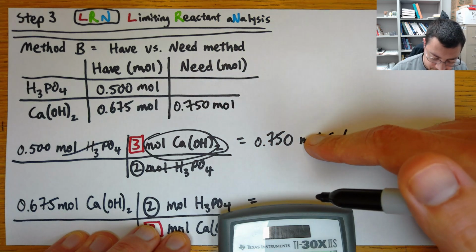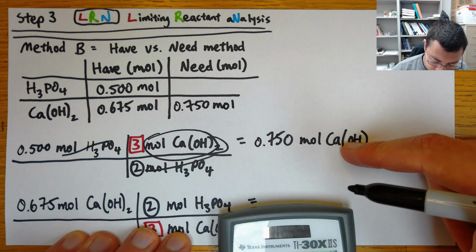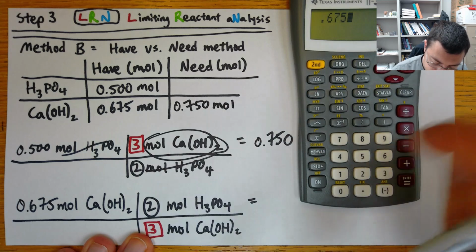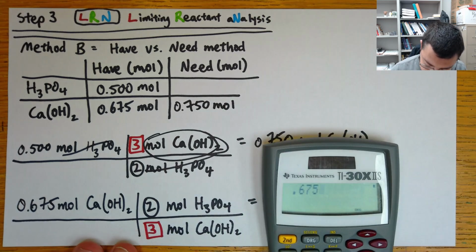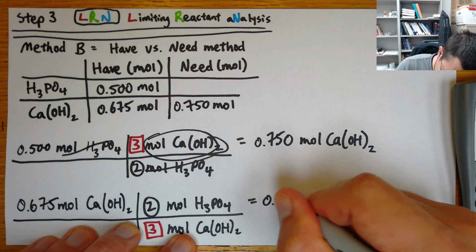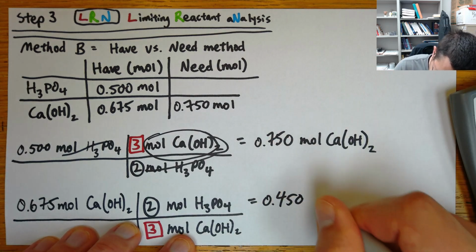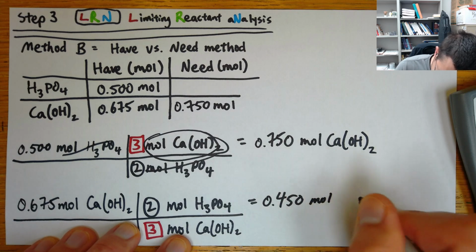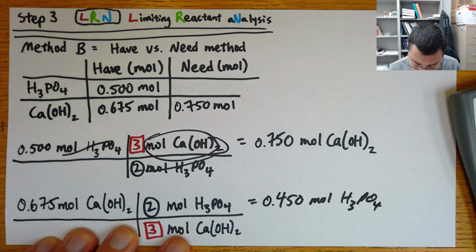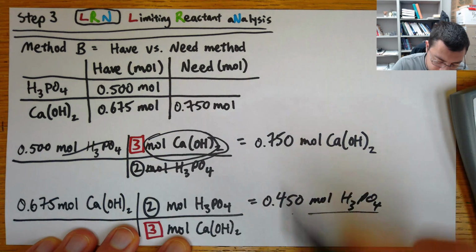And then this one: 0.675 times 2 divided by 3 is 0.45. Add a 0 for sig figs, moles of phosphoric acid. Those units mean they go there.